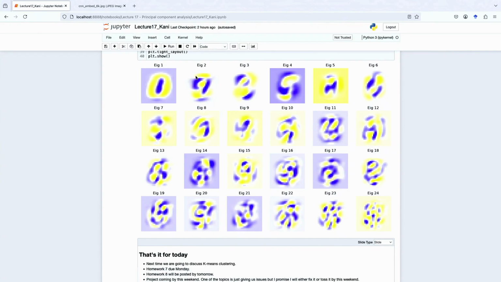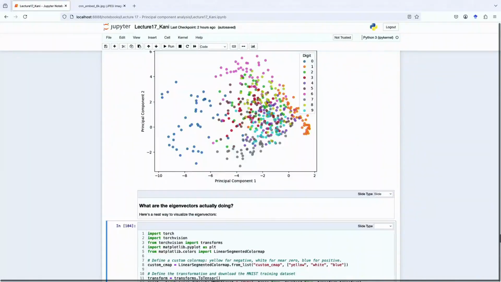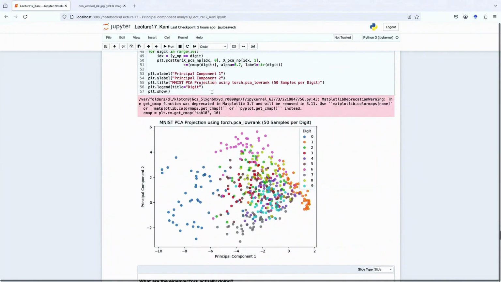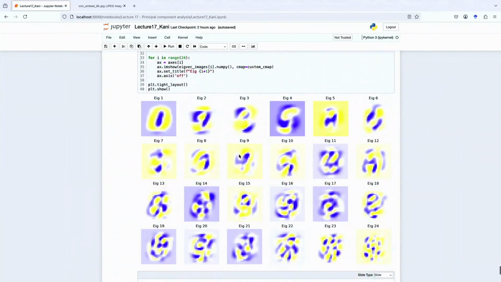It has components of 7, it has components of 2, and if we look at the second vector, we see 2 is interspersed here. We see 7 is all here. So we see that the digits that look most like these eigenvectors are the ones whose features are maintained best.